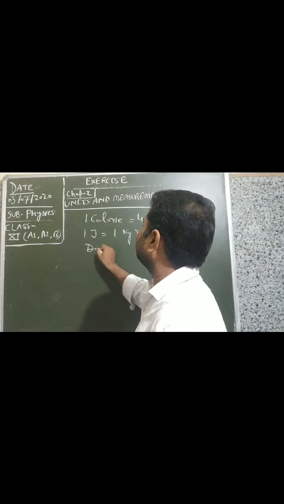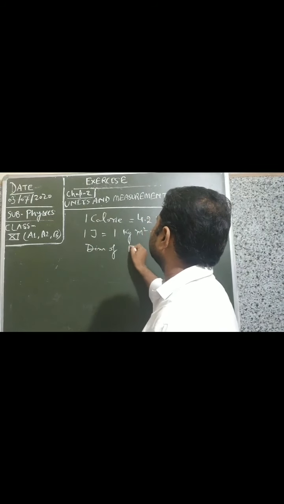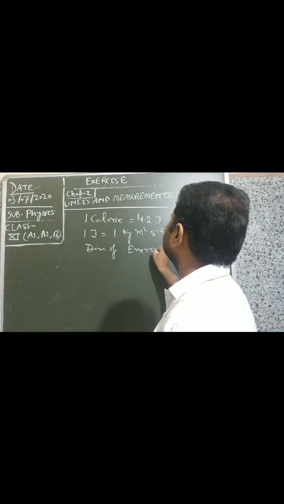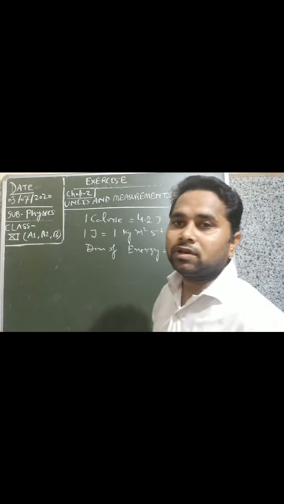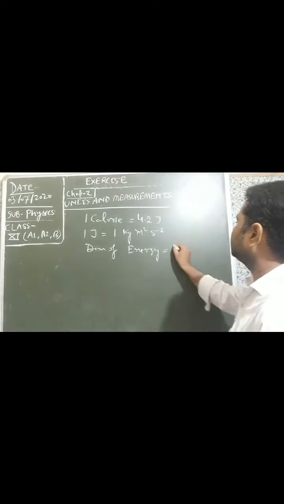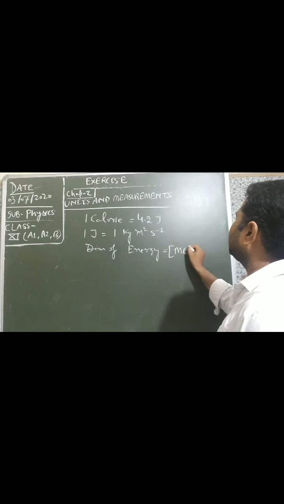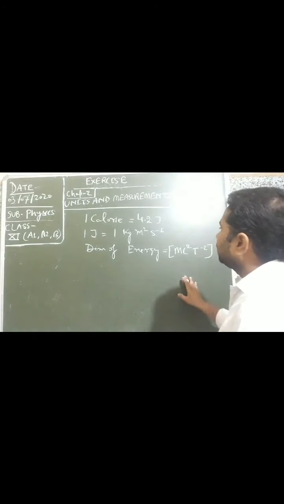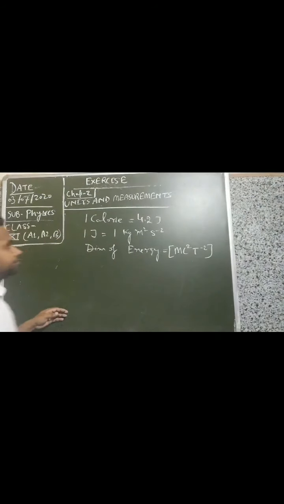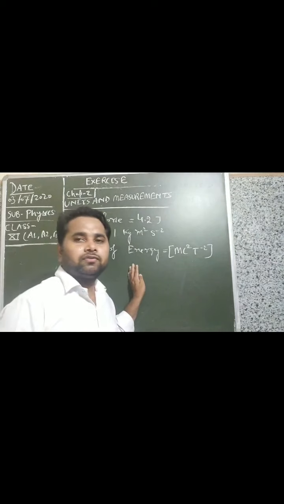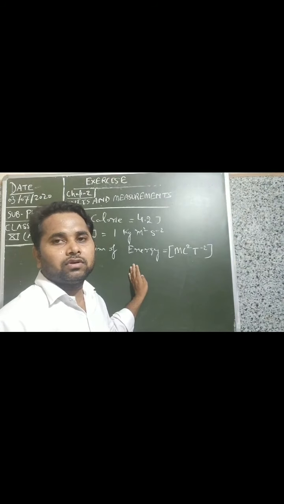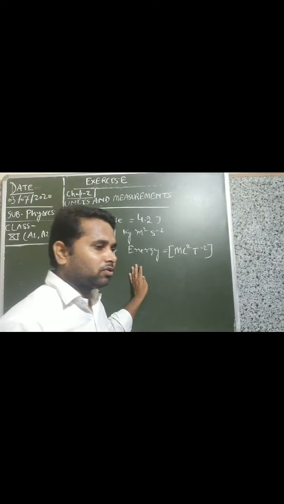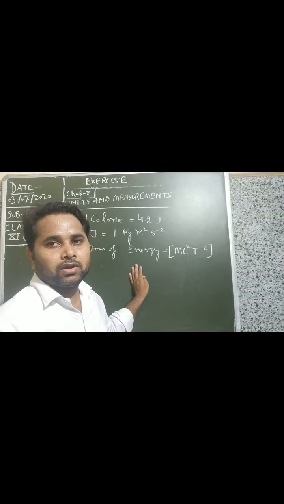So dimension of energy equals ML²T⁻². This is the dimension of energy. So here, see, this is the question of conversion of a physical quantity from one system of unit into another system of unit.